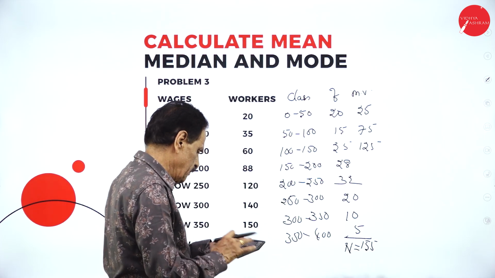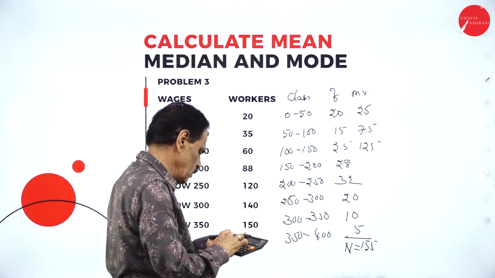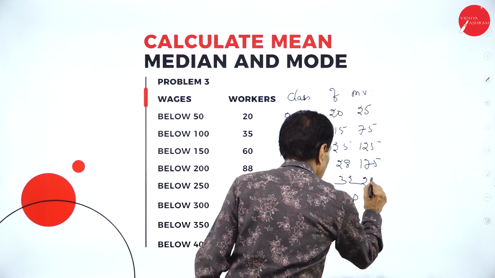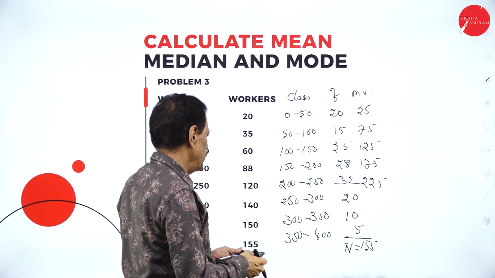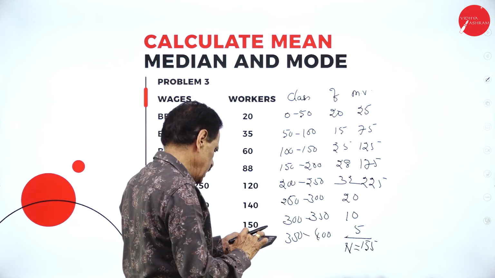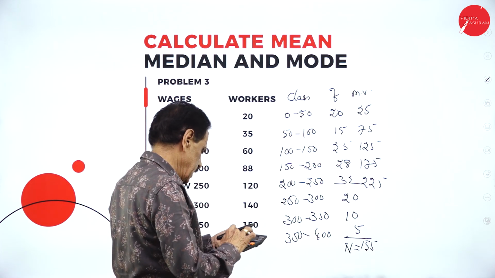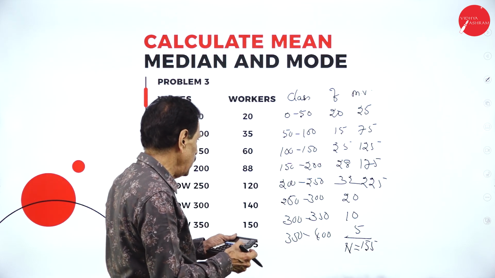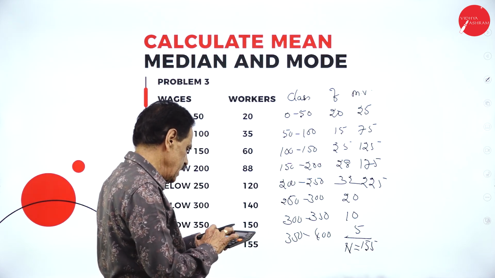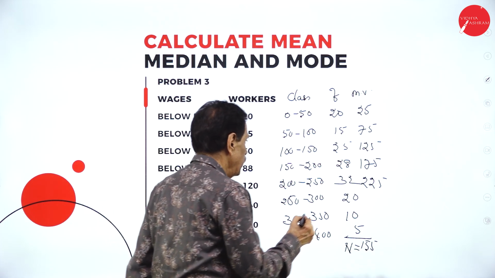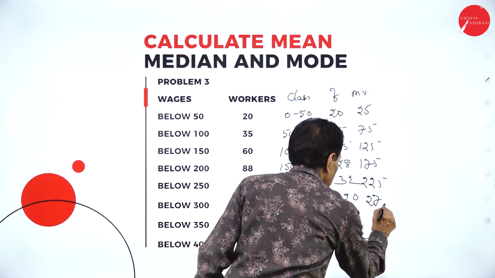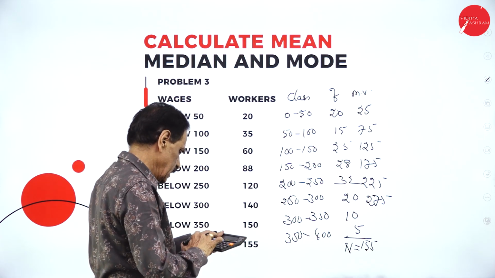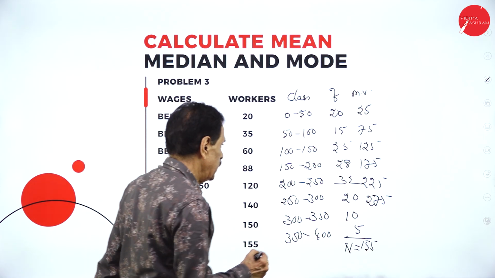So 350 divided by 2, 175. 200 plus 250 divided by 2 is 225. Then 250 plus 300, 550 divided by 2, 275. 300 to 350, this is 650 divided by 2, 325.